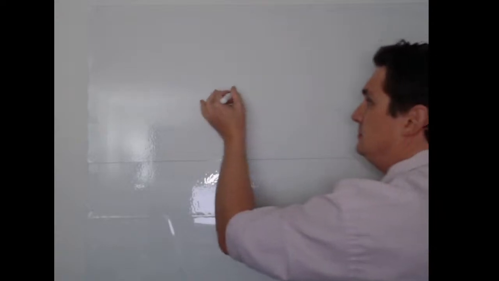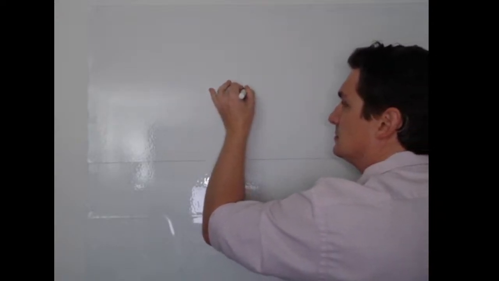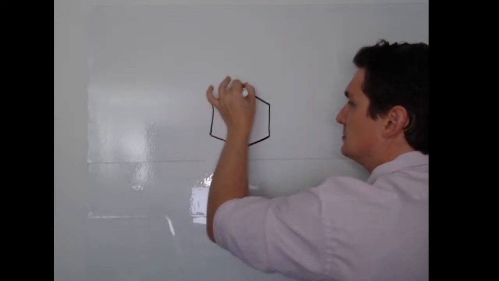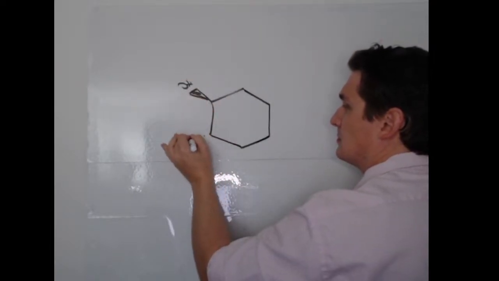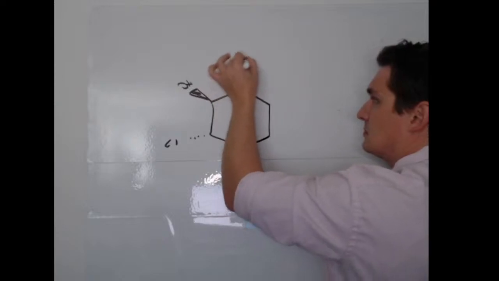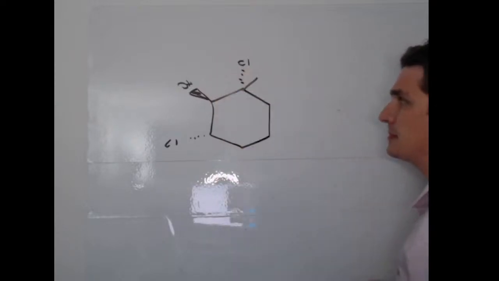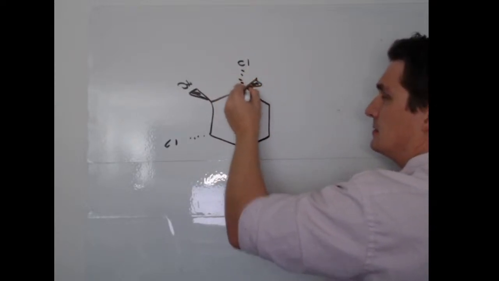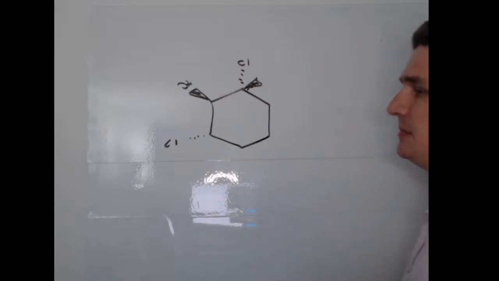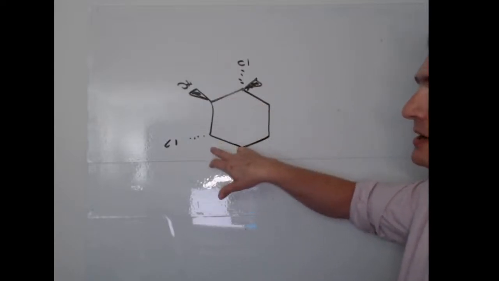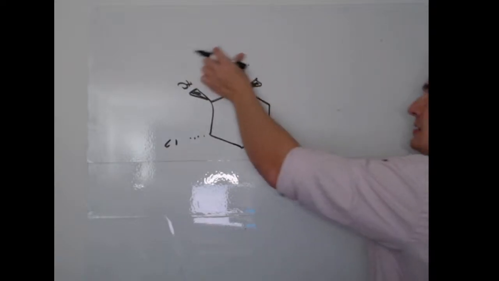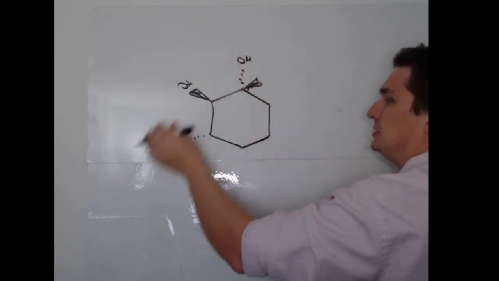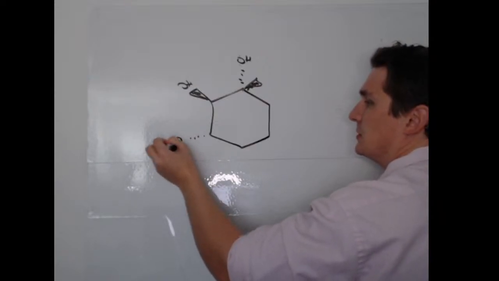So let's say you had a methyl chloro versus a non-chlorinated version, and we're going to do alcohols down here. OH versus OH.